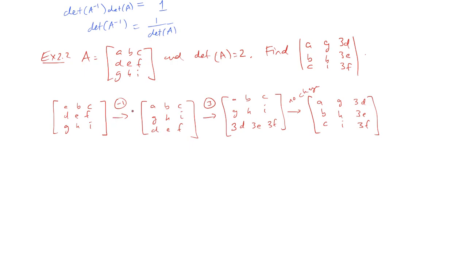Okay, so we have 2 is going to get hit by -1. It's going to get hit by 3, and then it's going to be hit by no change. So that's going to be -6. But this was our B. Then the determinant of B is -6.